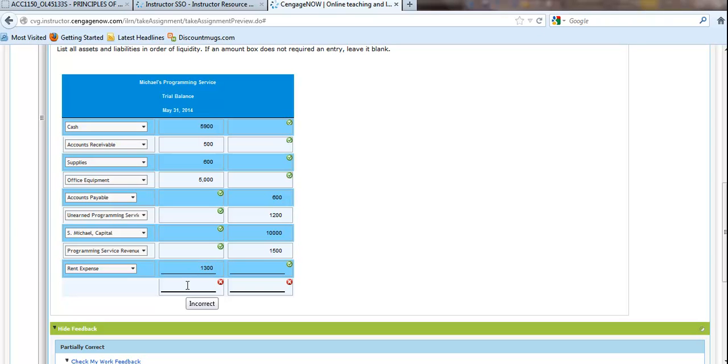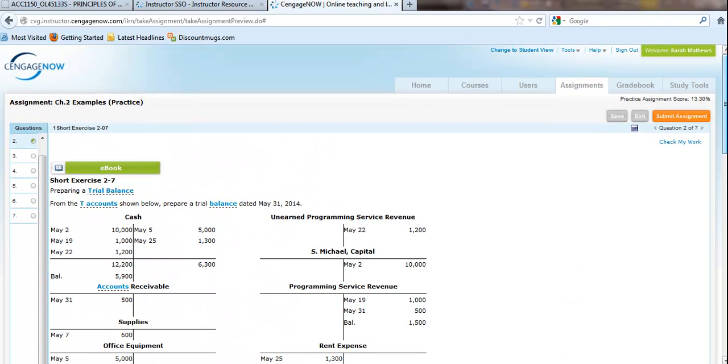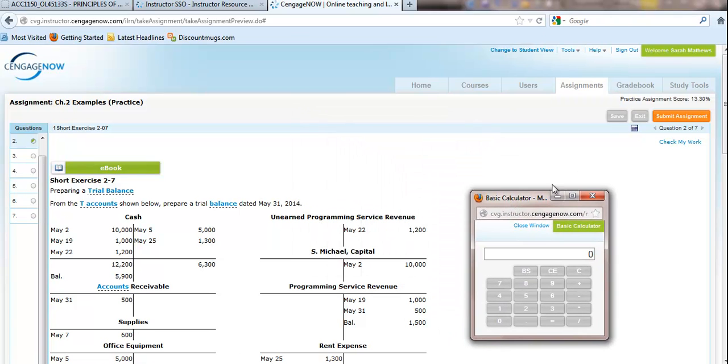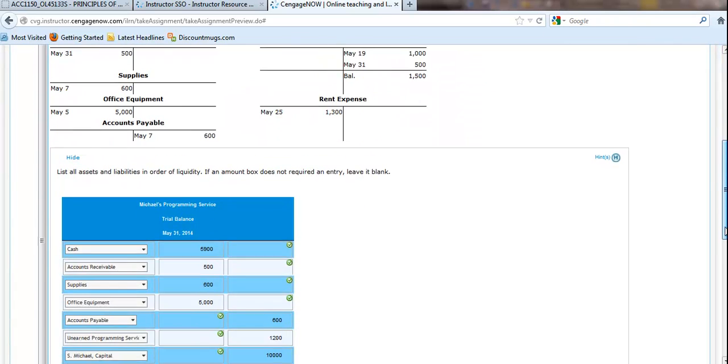The next step is to add up total debits and total credits to make sure everything balances. Another function is a calculator. If you go up to Tools and click on Basic Calculator, it pulls up the calculator we need.